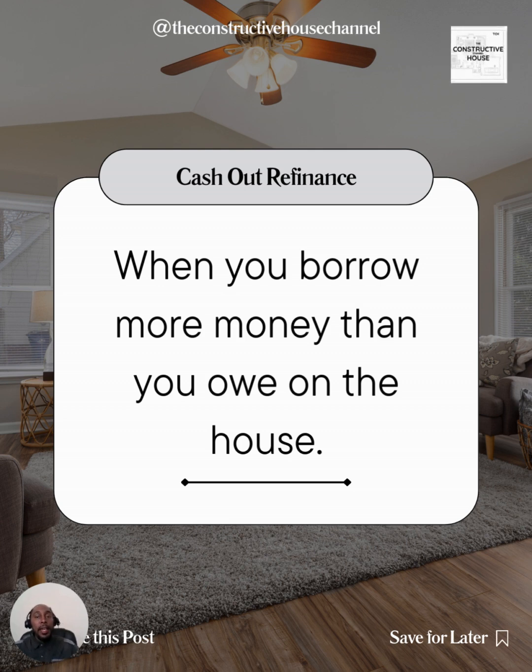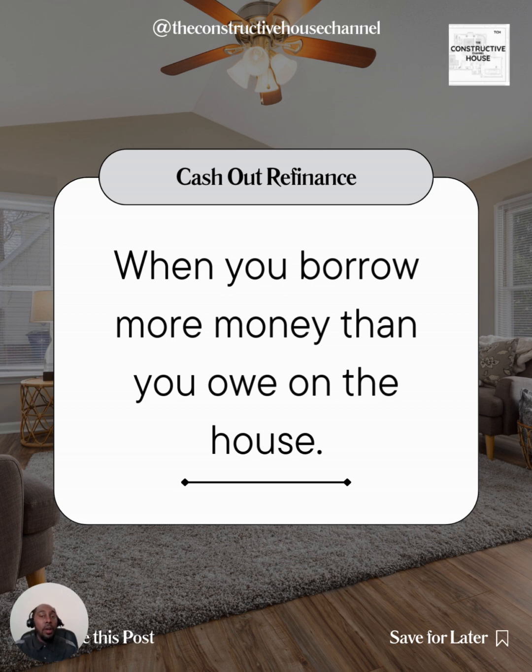Now, in order to take cash out, you will need equity, because what you'll be doing is replacing your old loan with a new loan that is more than what the previous loan was. So, in order to take cash out, you're going to need well over 20% equity in the home in most cases. So, that allows you to do renovations. So, you want to get, like I said, a pool.